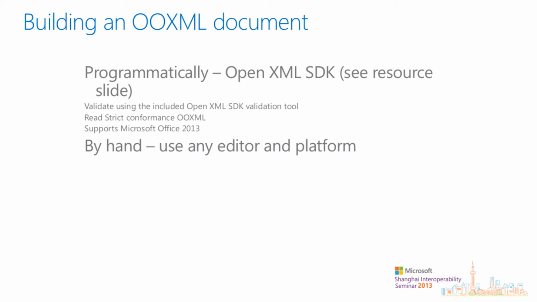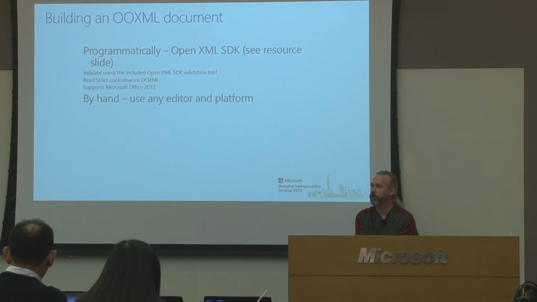It's able to read strict conformance OOXML, that's Part 1, and it supports Office 2013. The other way to do it is by hand, which is much more tedious, but it is doable. Not like the binary file format, which is extremely tedious.